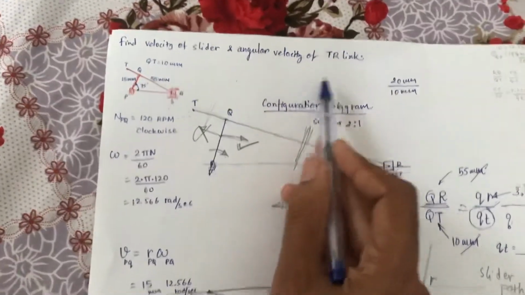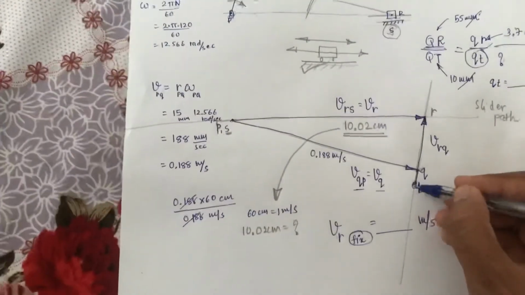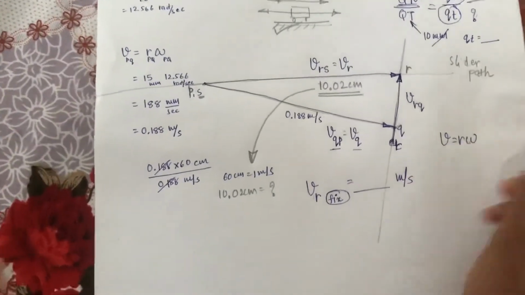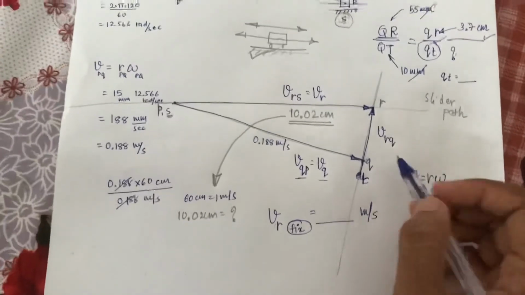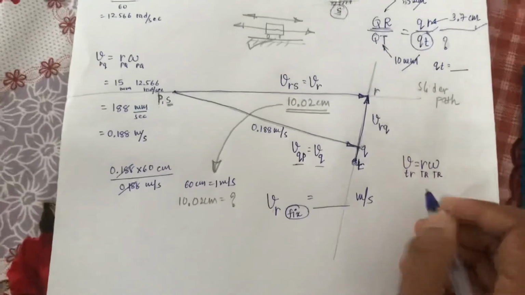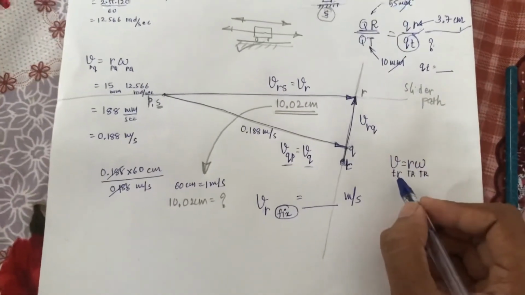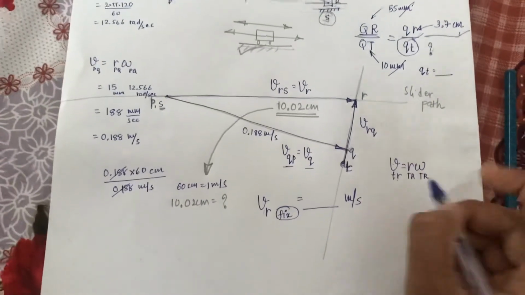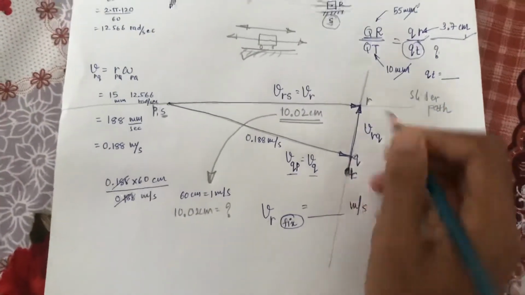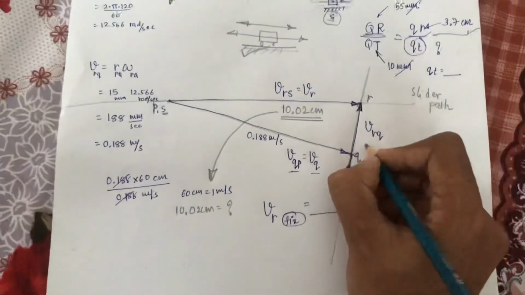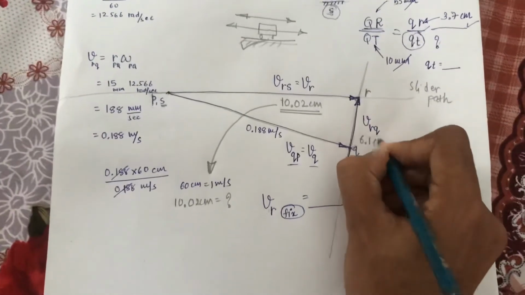In the same way, the second question is to find the angular velocity of the TR link. So here it is T and R. The relation between velocity and angular velocity is V equal to R omega. For the TR link we can say small tr equals TR times omega. Capital letters represent configuration, small letters velocity. The velocity of TR we don't have, but we can find it. Measure the distance tr in the velocity diagram. Let's say it is 6.1 centimeter.